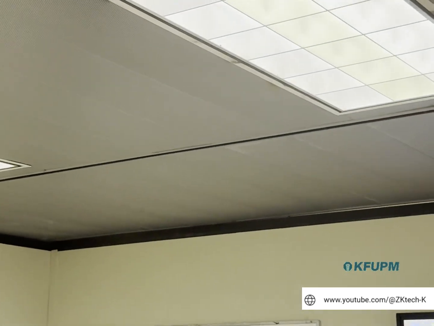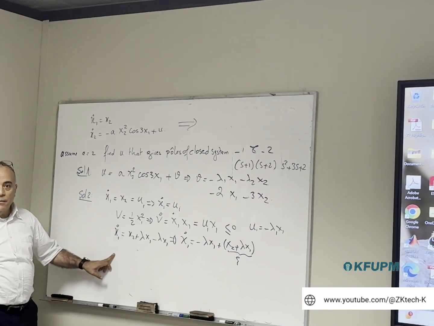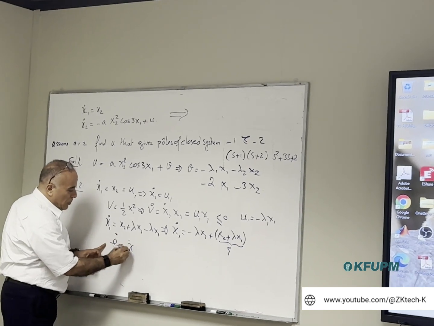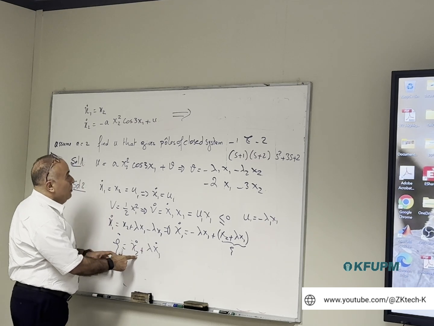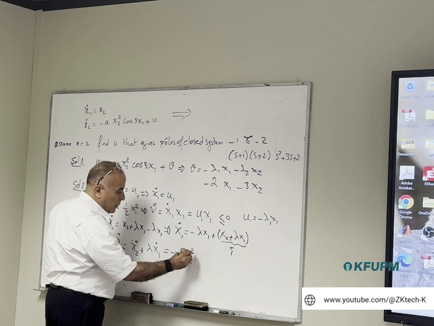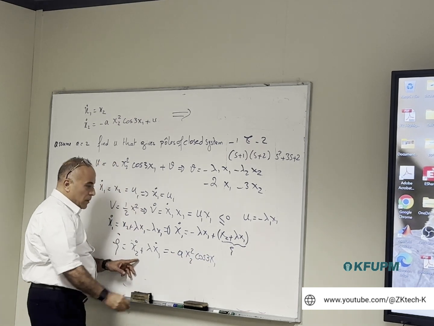So next step, zeta prime is equal to x2 prime plus lambda x1 prime. x2 prime is given by minus a x2 squared cosine of 3x1 plus u.